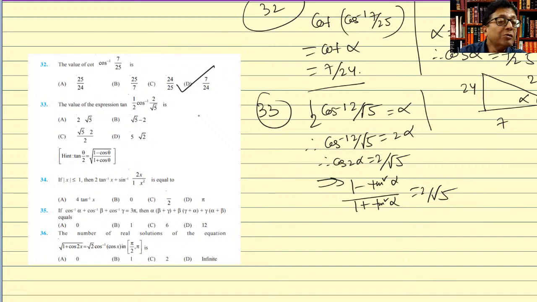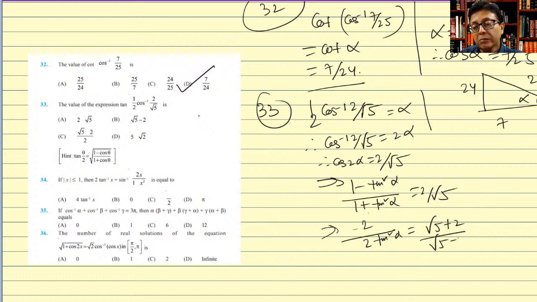You could have used the information they have provided, or cross multiply, or go by componendo and dividendo rule: this plus this by this minus this. Clear?